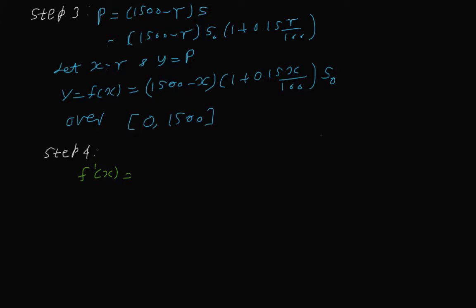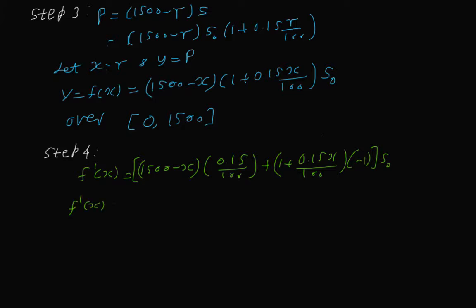You get 1500 minus x times the derivative of the second factor, 0.15 over 100, plus 1 plus 0.15 x divided by 100 times minus 1, times S naught. So set f prime of x equal to 0, solve for x, then you will get x equal to 416.6667.